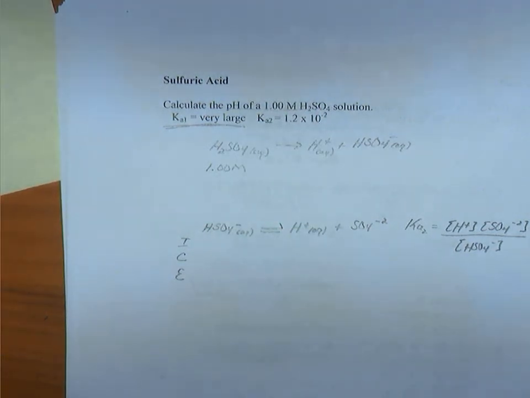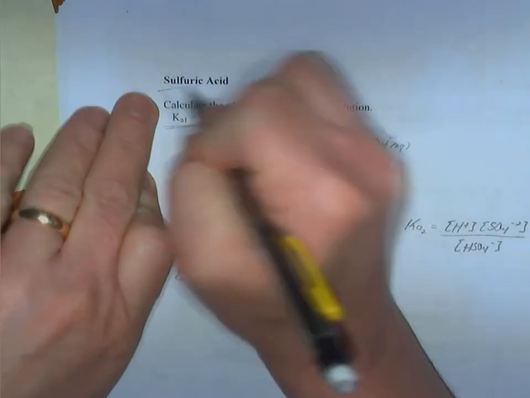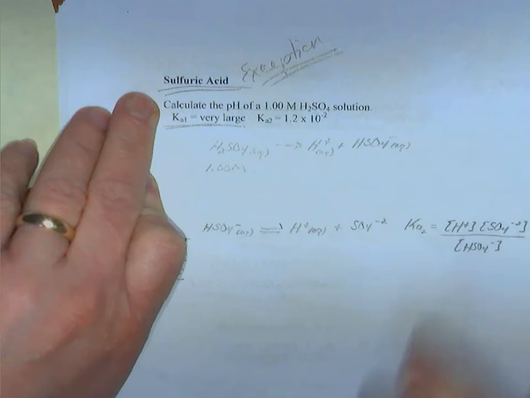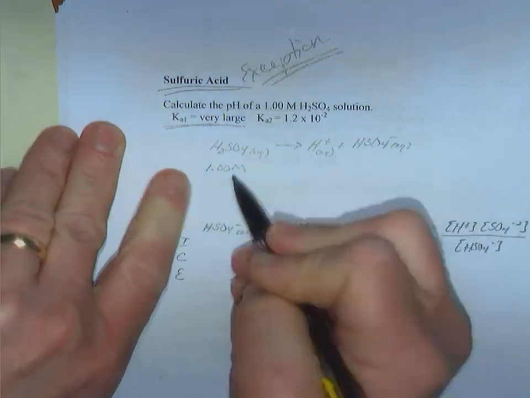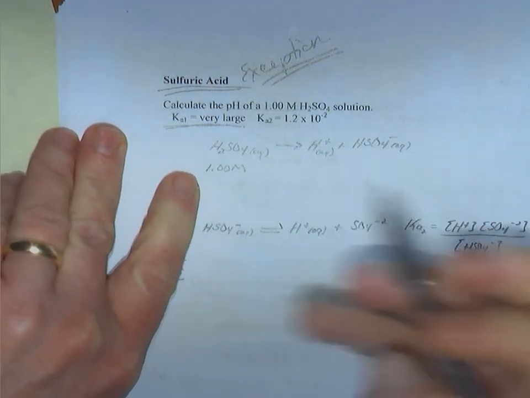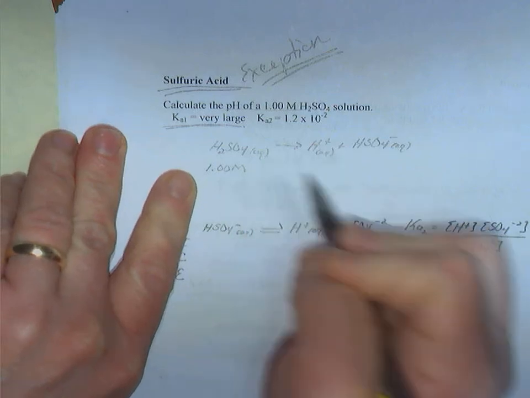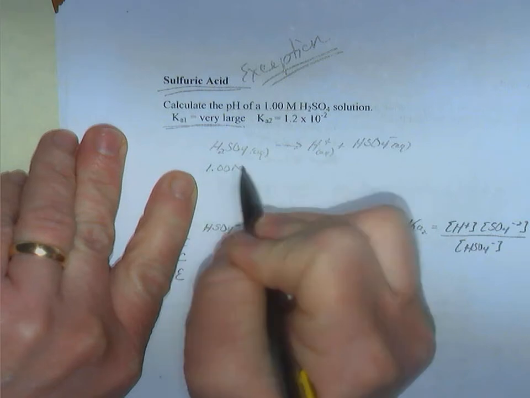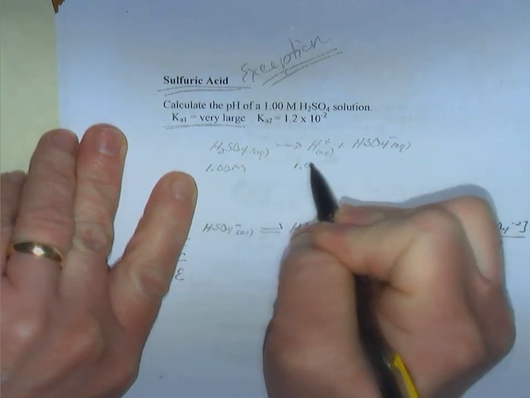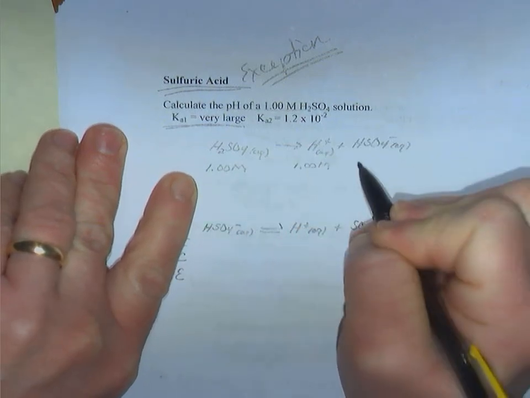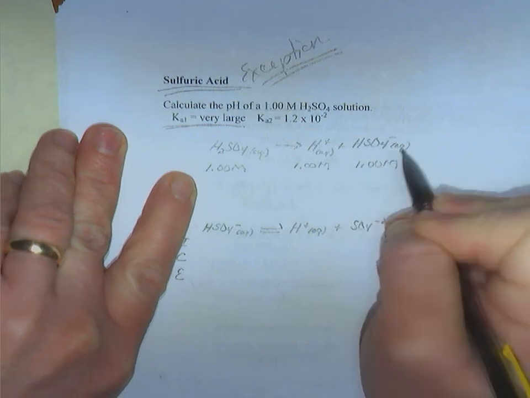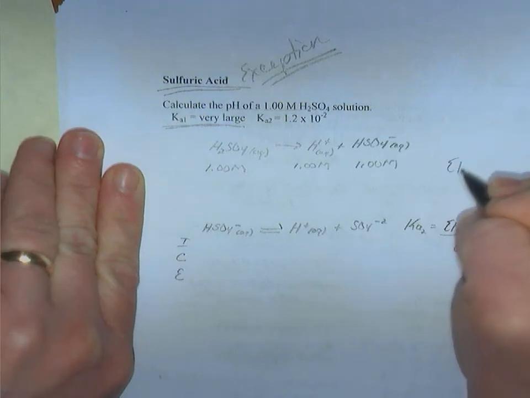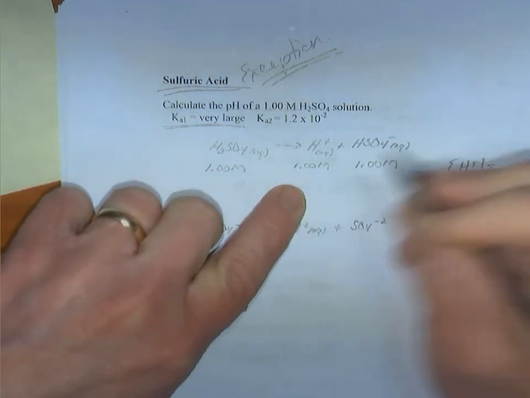We just have to know as AP students that sulfuric acid is the exception to what we just went through. All right, this is complete ionization. So we know that, and I'm not going to write water in these ionization reactions, that 1 molar will liberate 1 molar of hydrogen ion and 1 molar of the bisulfate. All right, so from here, hydrogen ion, 1 molar.